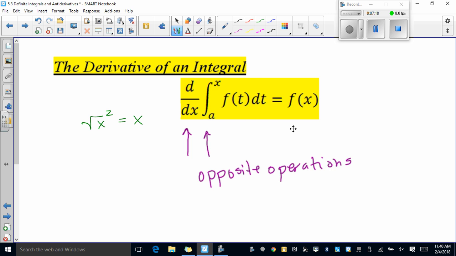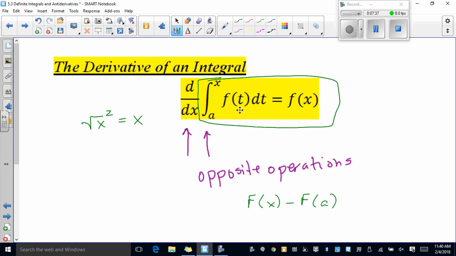That would be this guy. But if I took the derivative of this mess, this is a constant, because a is a constant value. So that goes away, and you will be just left with f of x, which is the derivative of the other guy with respect to x. Now that may or may not make sense, but we'll talk more about it in class.